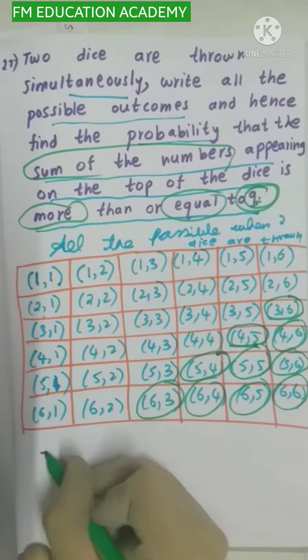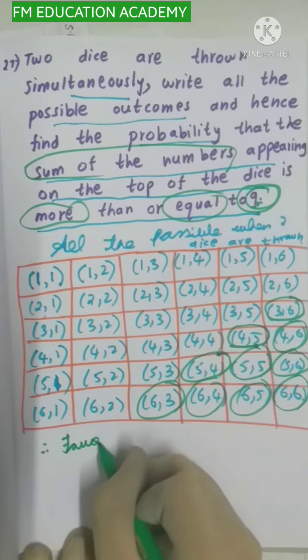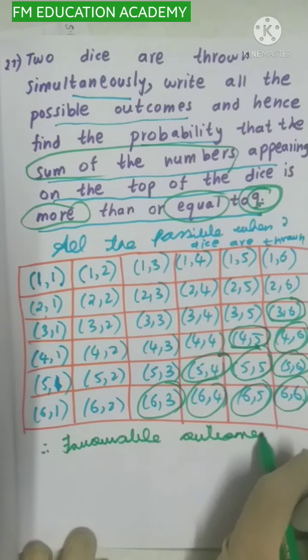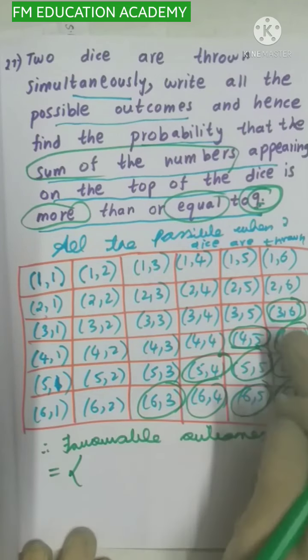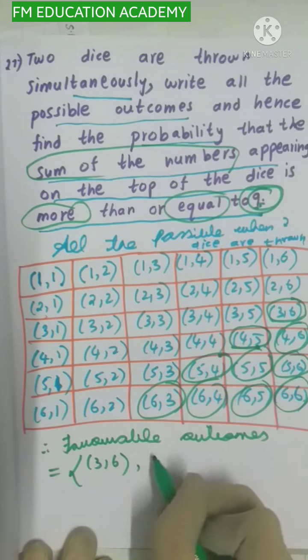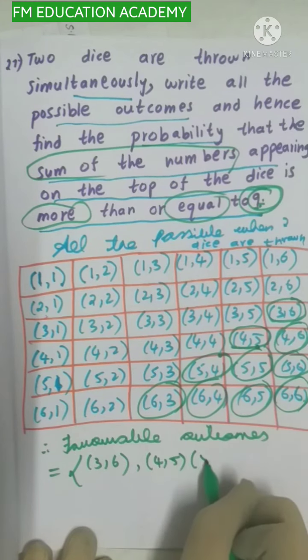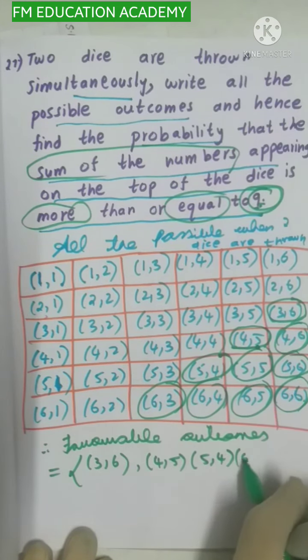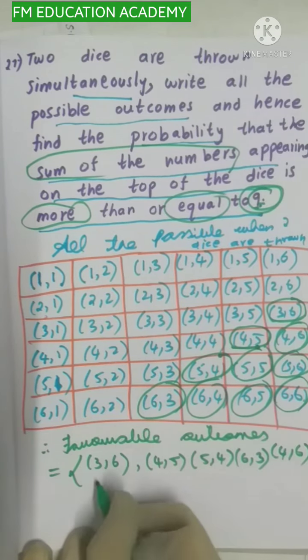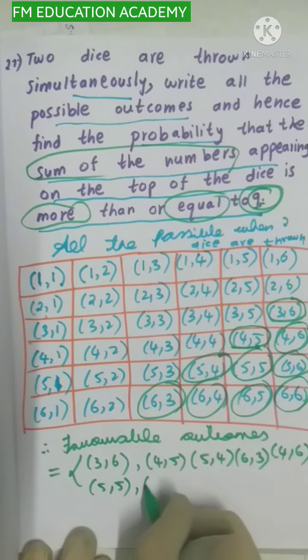So what can we write here? Therefore, favorable outcomes is equal to, write all these which we have: (3, 6), (4, 5), (5, 4), (6, 3), next (4, 6), (5, 5), (6, 4).